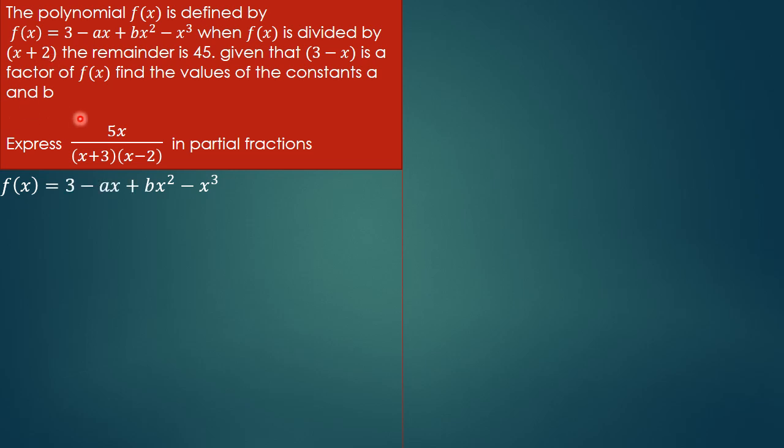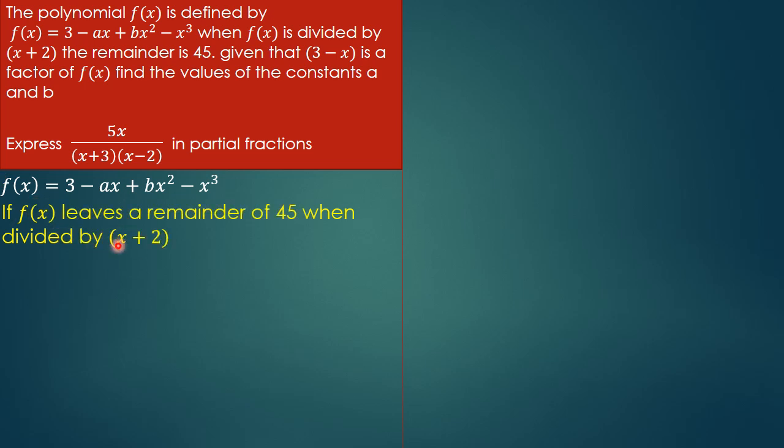According to the remainder theorem, if f of x leaves a remainder of 45 when divided by x plus 2, it therefore means that f of negative 2 has to be the same as 45. This negative 2 was gotten by equating x plus 2 to 0. We have negative 2, according to the remainder theorem.